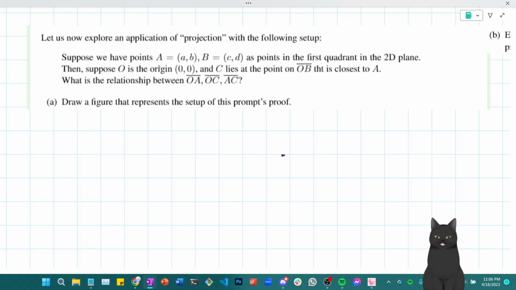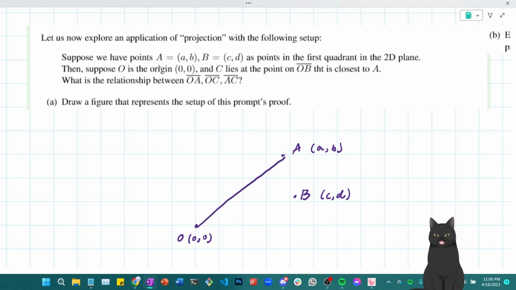Let's say that there's this point A, which is A comma B, and another point B, which is C comma D. And once again, I have another point O, which is the origin of my coordinate plane. Know that A and B are both in the first quadrant.